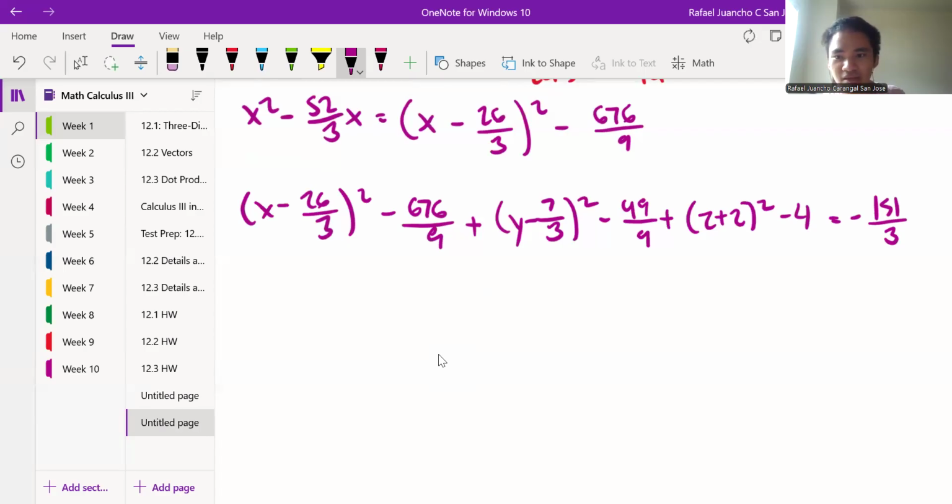Okay, and from here, we can now see this is an equation of the sphere, because we just take these constants to the other side, and now we get an equation of the sphere. So if we do that, we'll get something like this.